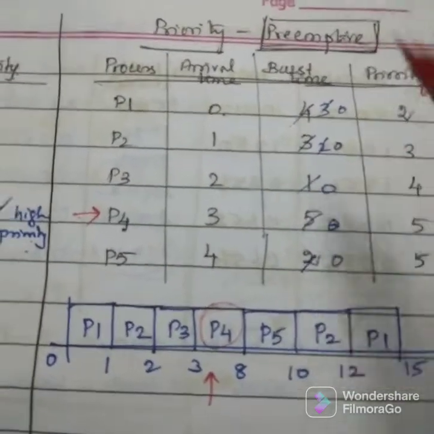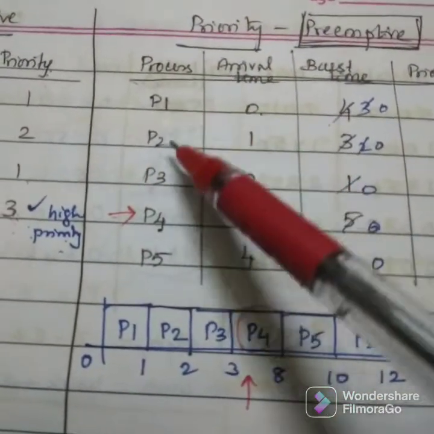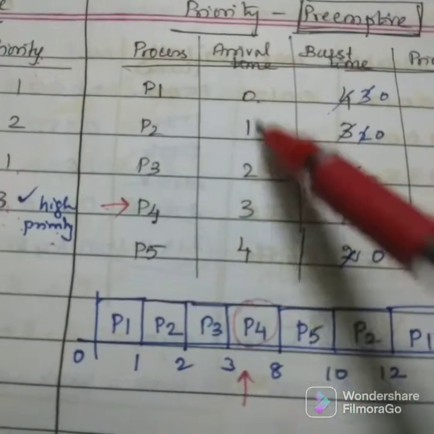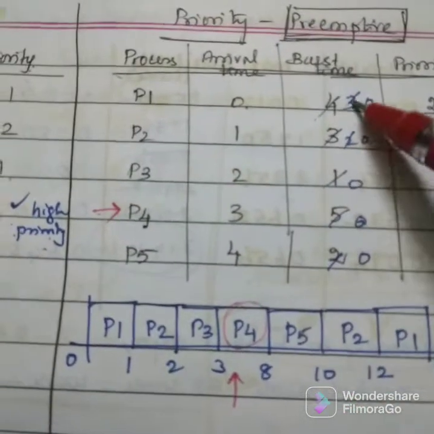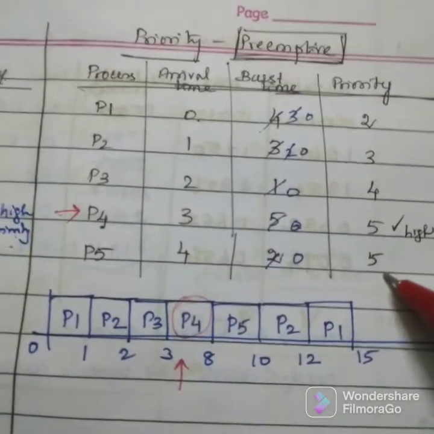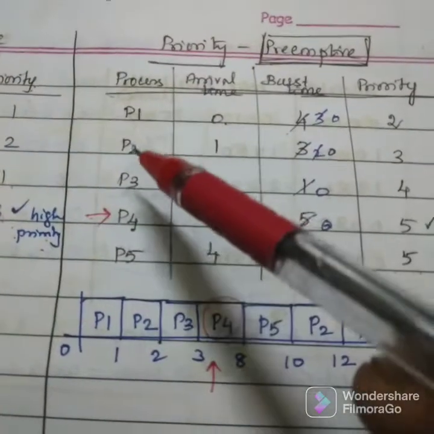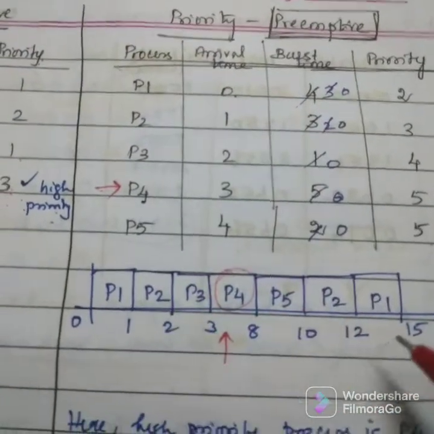So we are considering 5 processes P1, P2, P3, P4 and P5. The arrival time is given, the burst time is also given, and priority is also given. Now we need to arrange the processes in a Gantt chart.